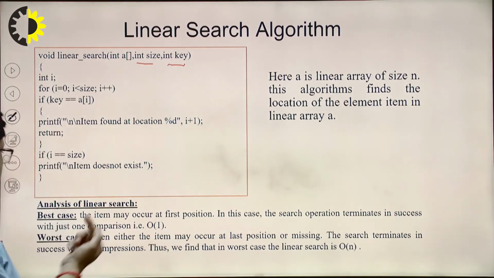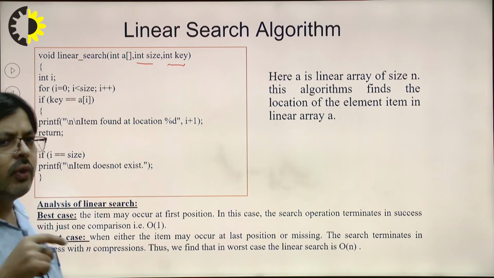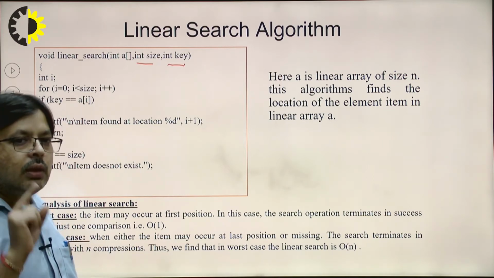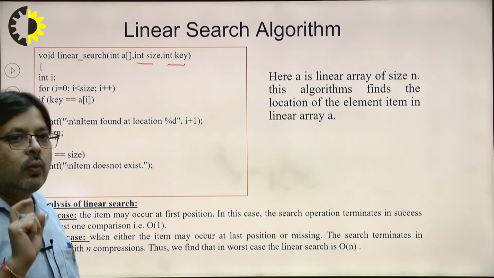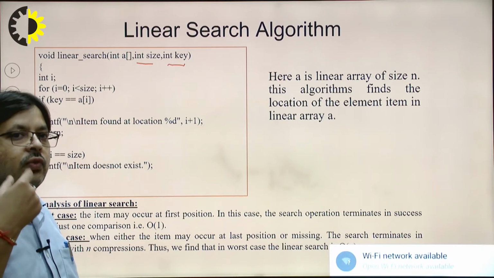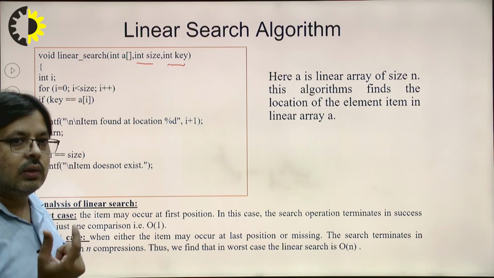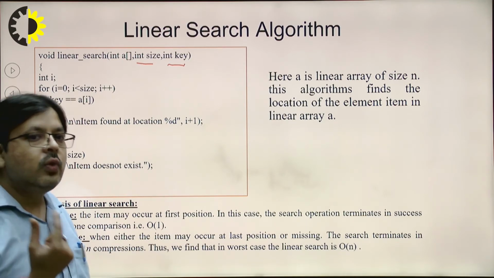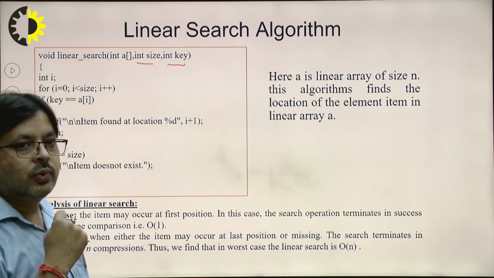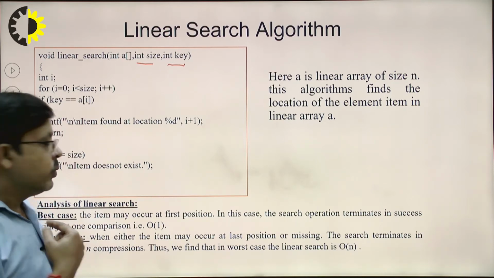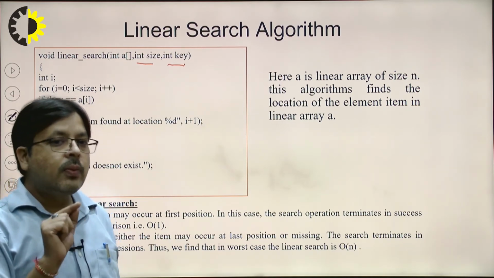Whenever you learn a particular algorithm, analysis is a must part of any algorithm. What is the fruitful result, what is the outcome of the algorithm in terms of complexity? You may visualize it with the help of the analysis procedure. So for this linear search algorithm, consider the best case.